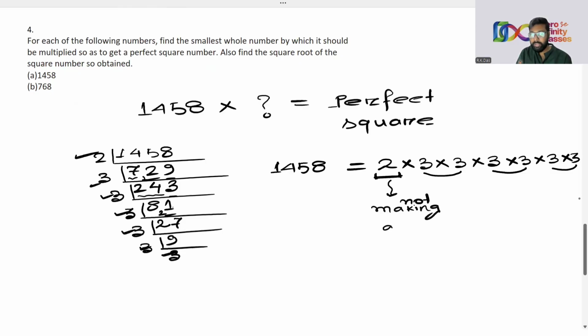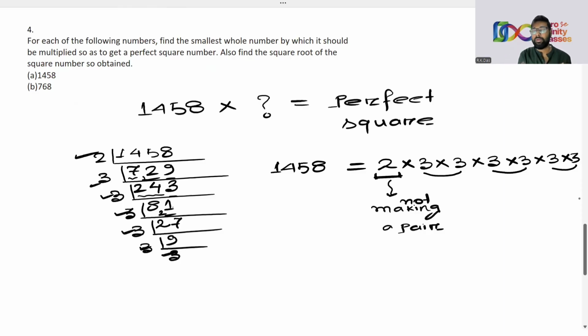Okay, so that means if we divide 1458 by 2, then this 2 will be cancelled out. And if this 2 is cancelling out, that means we are left with 3 six times, and then it will become a perfect square. Okay, and if we multiply this number by 2, then we will have 2 2, and then they are forming a pair.